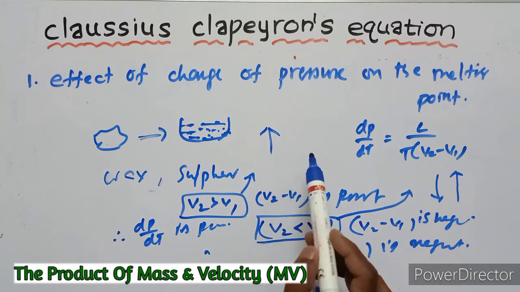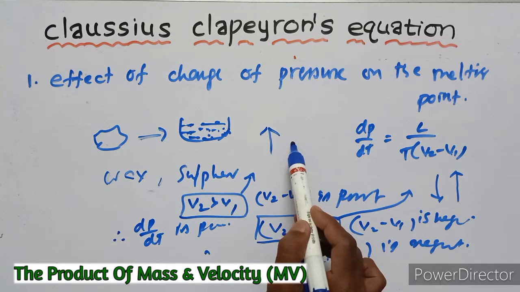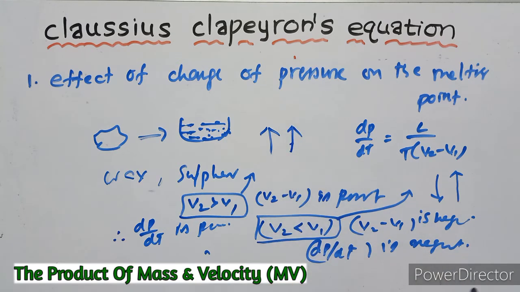In this stage, the pressure is increasing and the melting point is also increasing. In this stage, V2 is less than V1, the melting point decreases as the pressure is increasing.